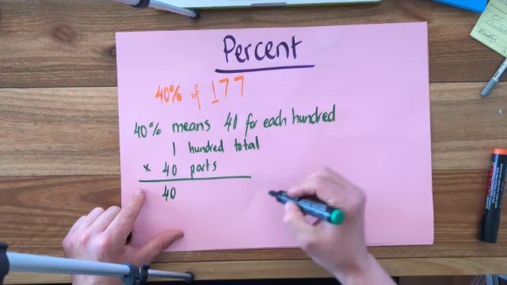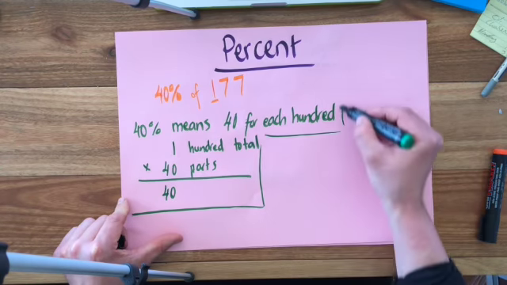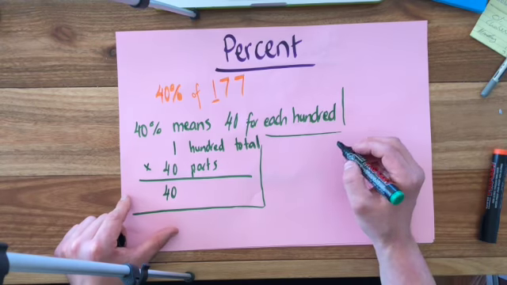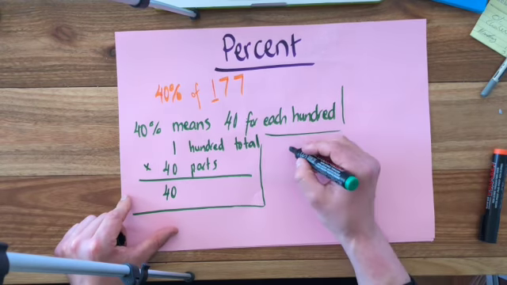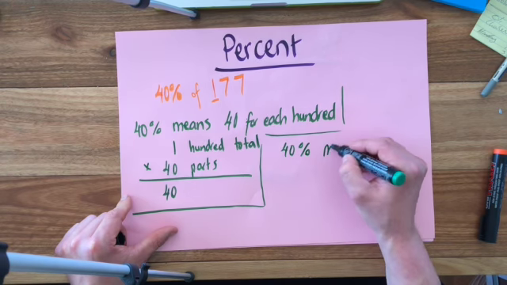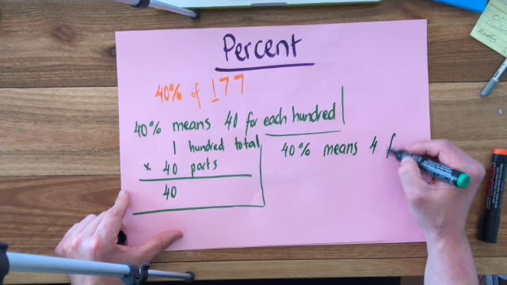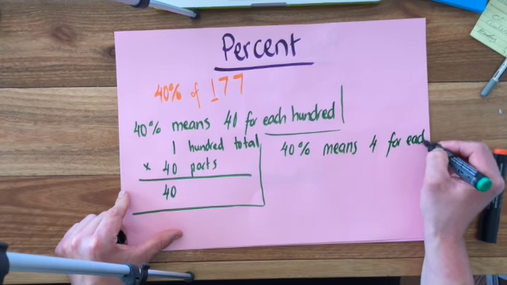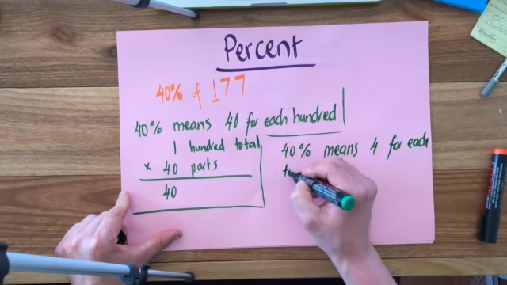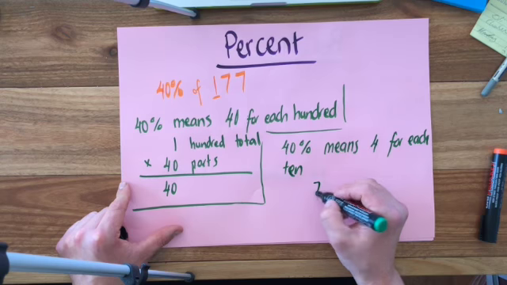My next part, I need to find the tens. Well, 40% also means 4 for each 10. Okay, so I've got 7 tens.